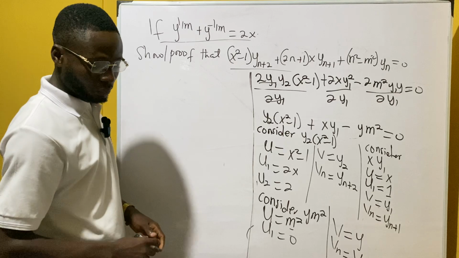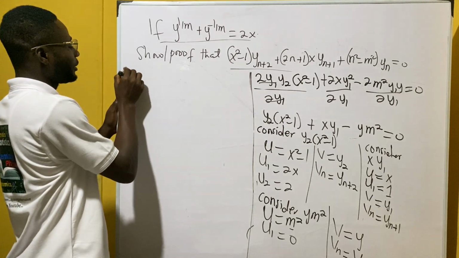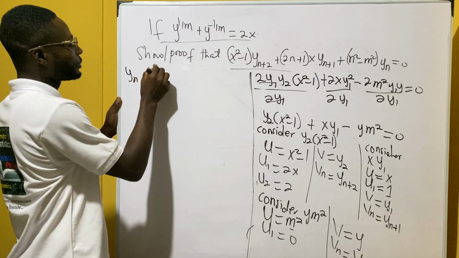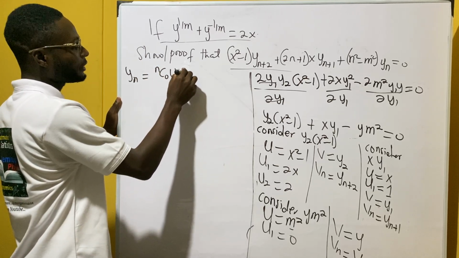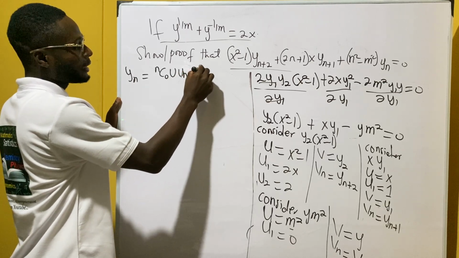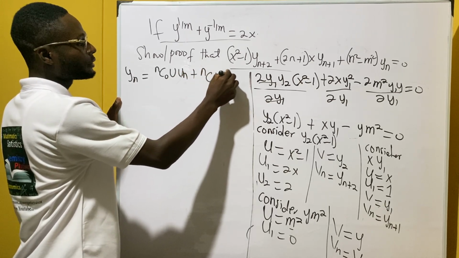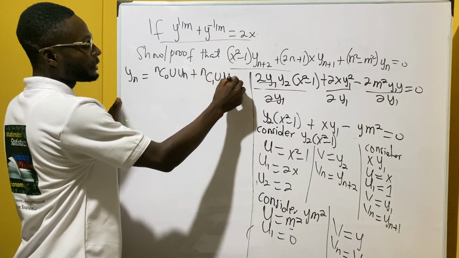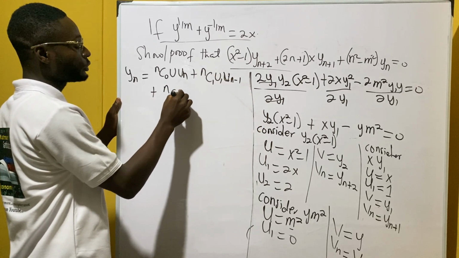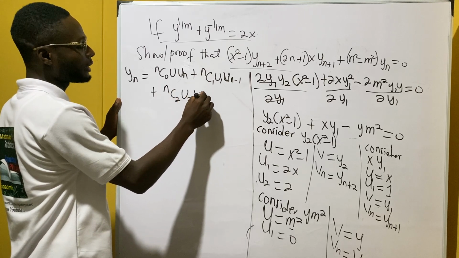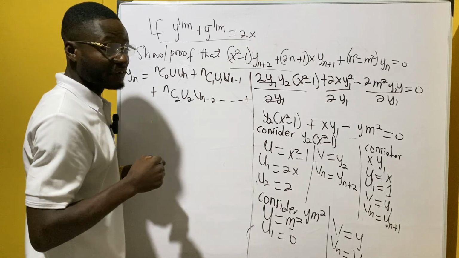So now we can go ahead and use the theorem, which says that yn is equal to n combination 0 u vn plus n combination 1 u1 vn minus 1 plus n combination 2 u2 vn minus 2, and it goes all the way to infinity, right?